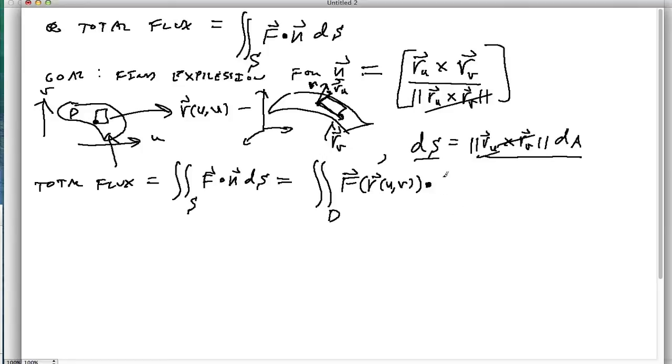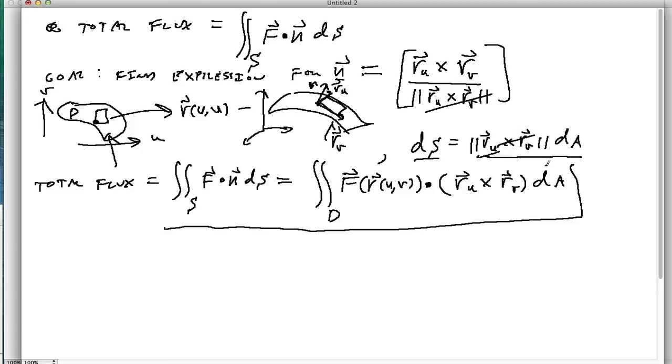So what we're left with is just RU cross RV dA. So there is our constructive formula for finding the total flux through a surface S. Okay, so that's nice.